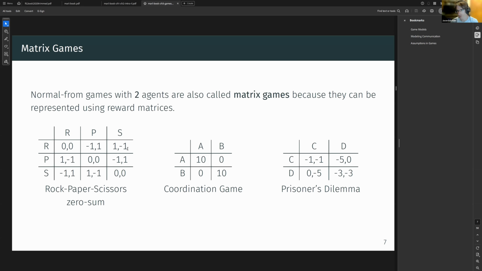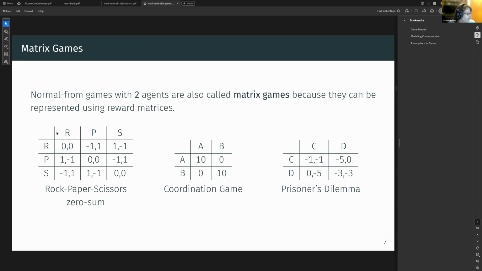Yeah, so here's some examples. Now, if we have 2 agents only, we can actually write the whole game out as this 2x2 table. In this table, each row and column represents the actions of one of the agents.